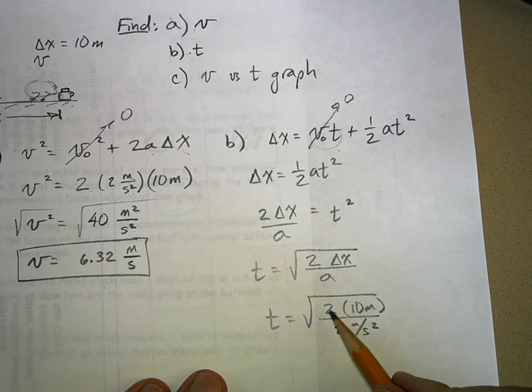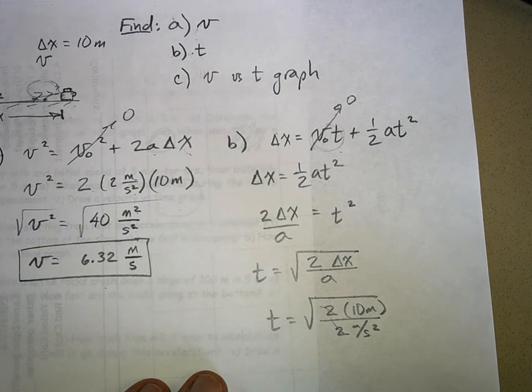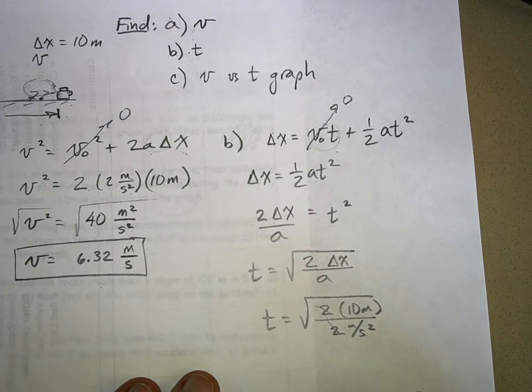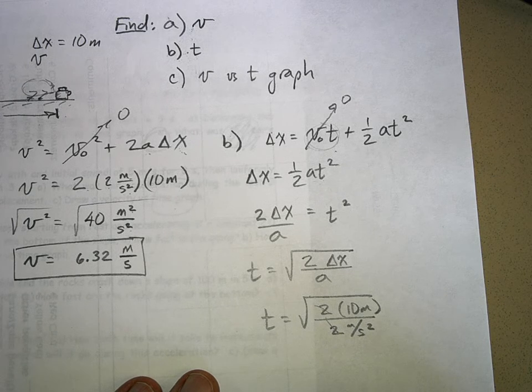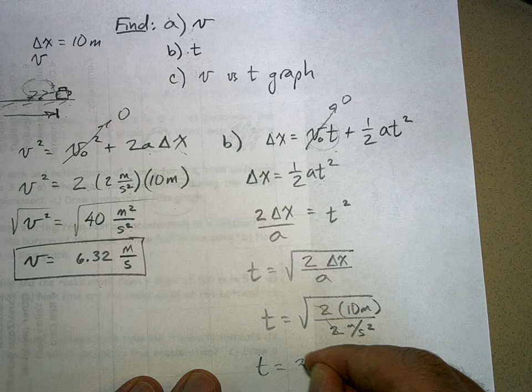So the 2 cancels the 2. So the square root of 10, what is the square root of 10? Like 3 point something. Somebody help me out. I don't have a calculator up here. 3.17? 16? So we'll say t is equal to 3.16.